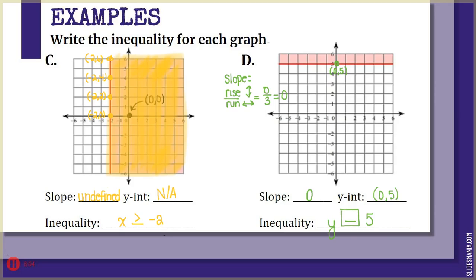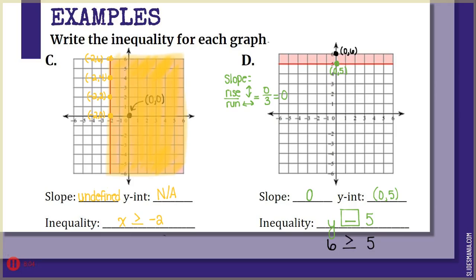And then I have to choose an ordered pair in my shaded region. So I'm going to choose 0, 6. That means I'm going to substitute 0 in for x and 6 in for y. Well, I don't have an x, so I'm just going to choose to put 6 in for y. And I ask myself, is 6 greater than or equal to 5 or less than or equal to 5?